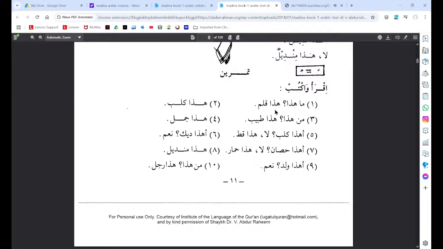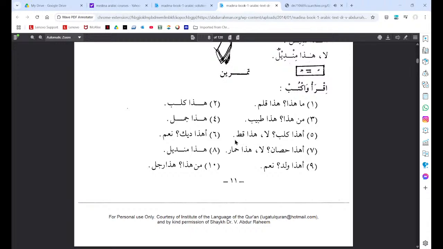ما هذا؟ هذا قلم. What is this? This is a pen. هذا كلب. This is a dog. من هذا؟ هذا طبيب. This is a doctor. هذا جمل. This is a camel. أهذا كلب؟ Is this a dog? لا هذا قط.